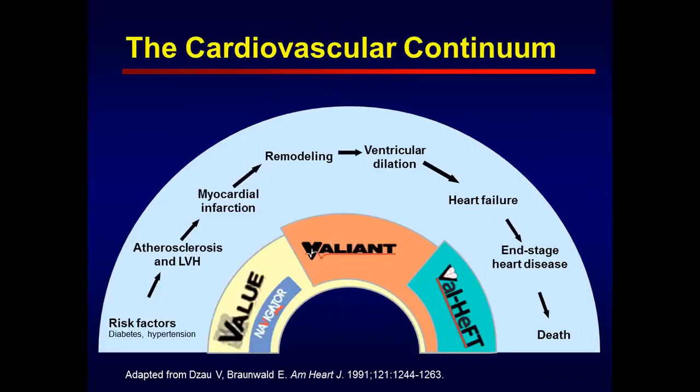But at the same time, we have to look at what's called the cardiovascular continuum, which is a cascade of events that will lead to cardiovascular death at the end. It's not a matter of reducing the numbers of blood pressure readings, but also reducing mortality and morbidity of patients.